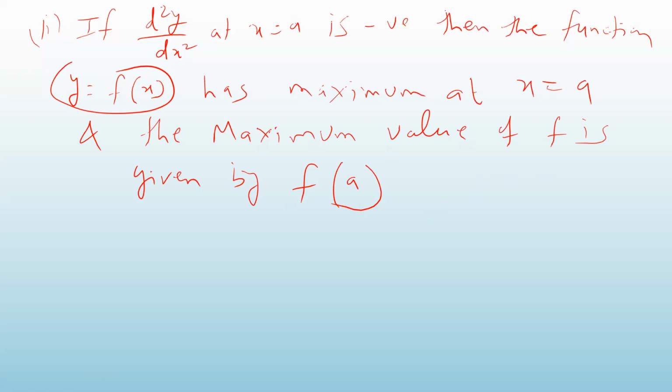So what you have to remember for maxima and minima is that a function y equal to f(x) has a maximum or minimum value at x equal to a under two conditions.